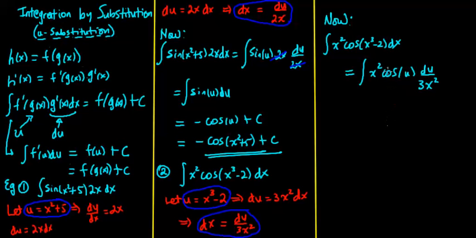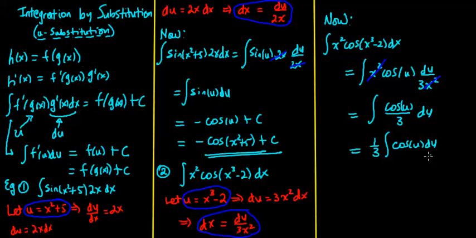And now we can see that the x squareds can cancel. That will leave us with cosine of u, the integral of cosine of u over 3 times du, or this 1/3 is a constant, so you can pull it out. 1/3 of the integral of cosine of u du.